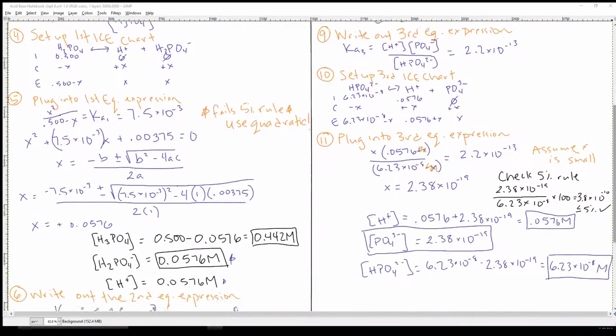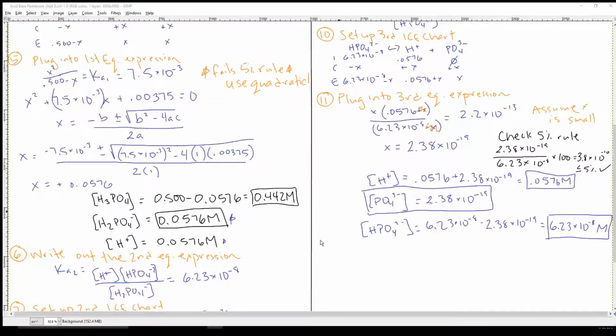So let's see if I can finagle an eraser here. Oh, this is going to take forever. Oh, that's too big. So that should not be boxed because it shows up again later.